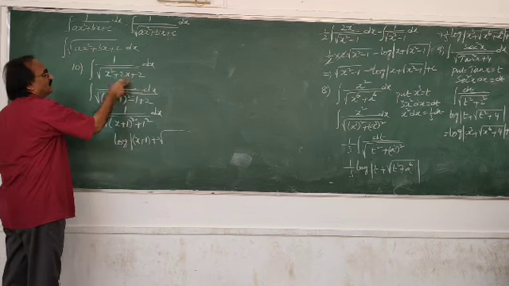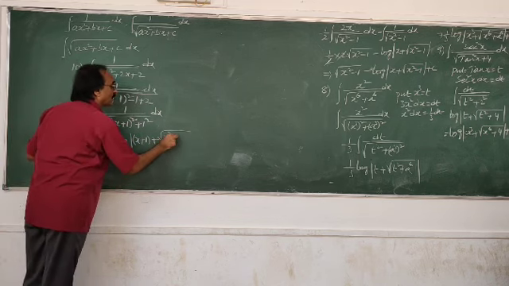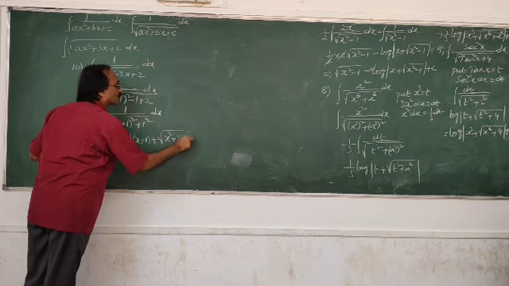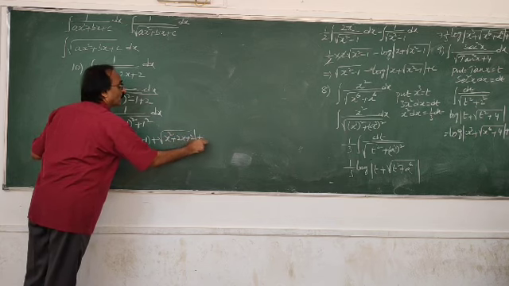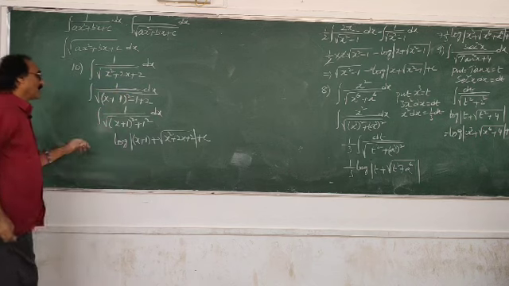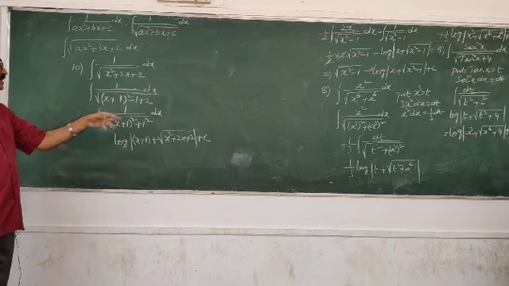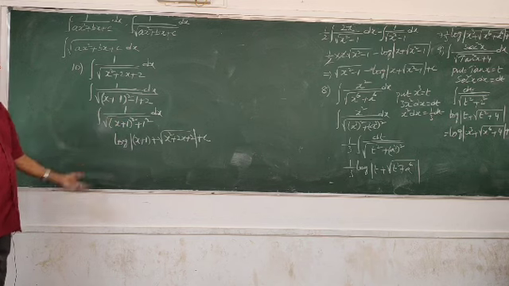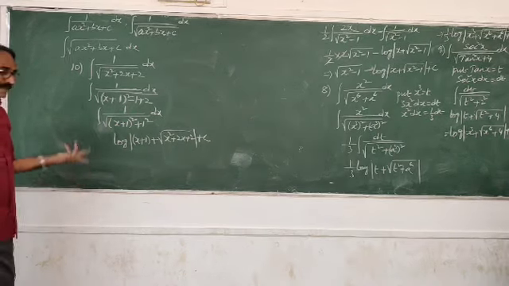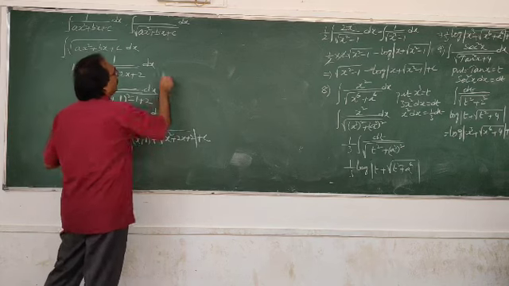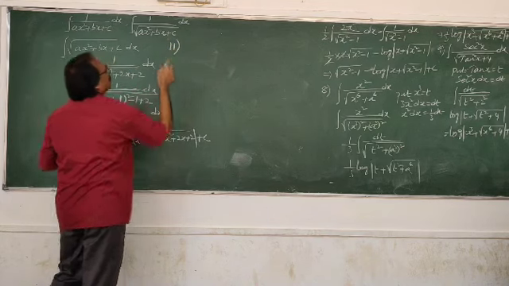After simplification, you write x square plus 2x plus 2, plus c. That's all. Log mod of x plus 1 plus root of x square plus 2x plus 2. This is the problem. We already know the formula and applied it here. We only made the perfect square here.